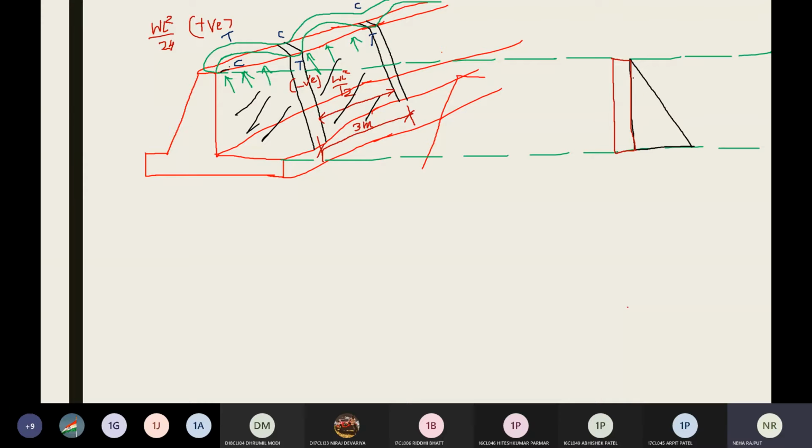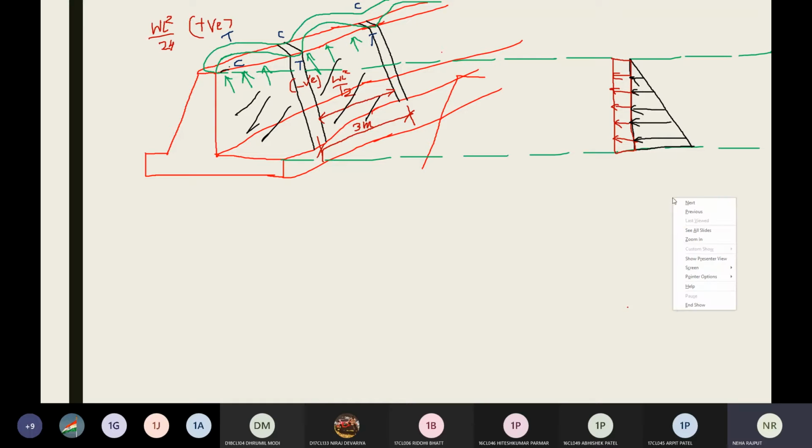Now the pressure acting is in this direction like this, and your active pressure is this one. If the surcharge is not there, you need to draw only the triangle diagram.